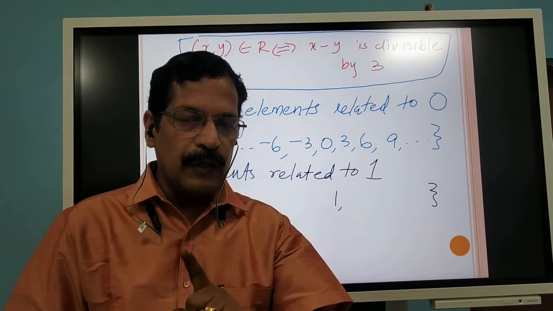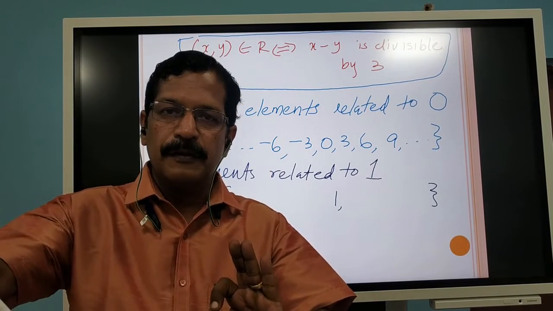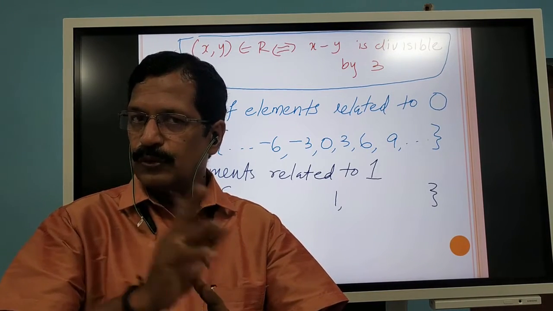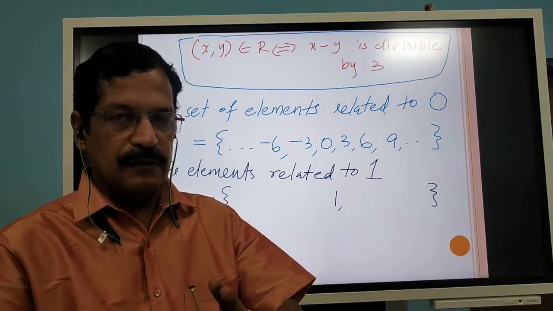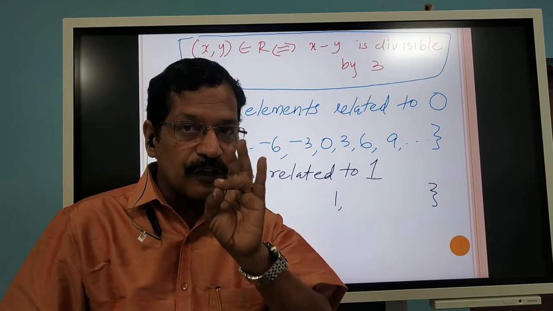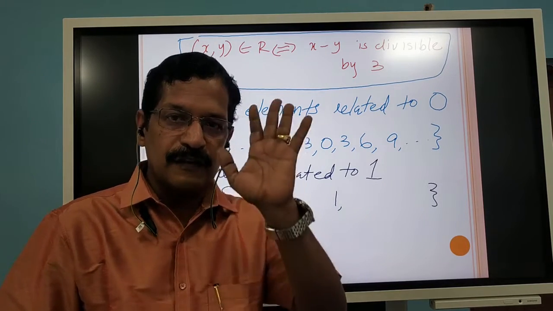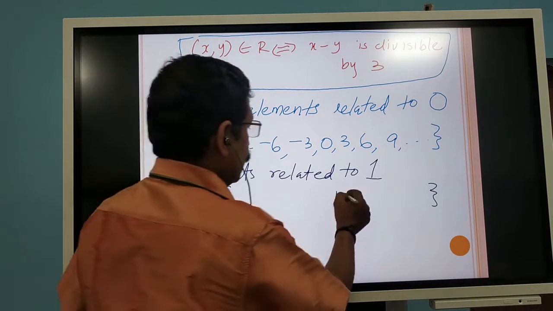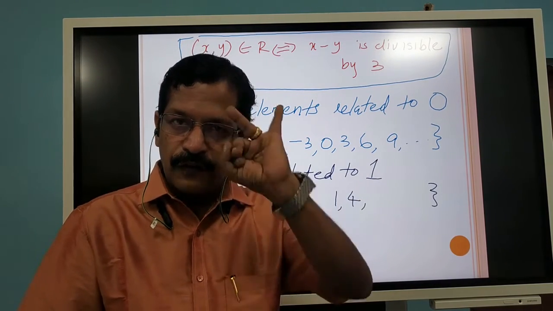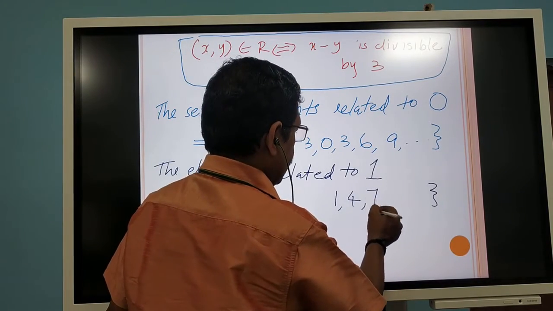Whether 2 is related to 1: 2 minus 1 is 1 only, it is not divisible. Is 3 related to 1? No, 3 minus 1 is 2, not related. 4 is related to 1. Reason? 4 minus 1 is equal to 3, which is divisible by 3. So 4 is related. 5 not related, 6 not related, but 7 is related to 1. So 7.